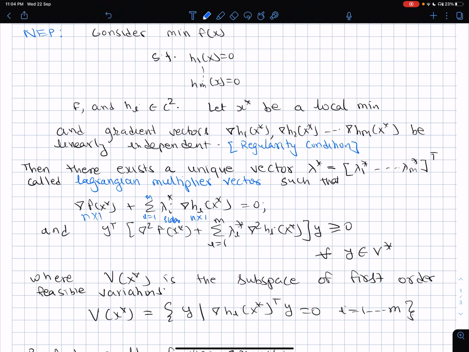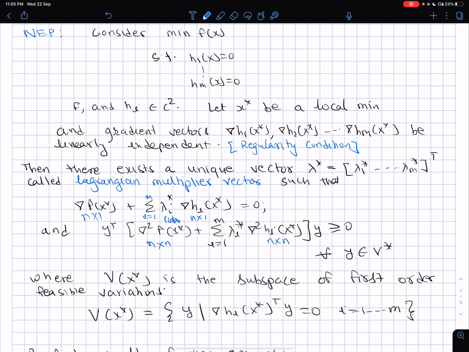Now for second order, we say that if in addition it is twice continuously differentiable, then the Hessian matrix of the objective function is to be summed up with the Hessian matrices of the constraint functions, each of them weighted by the Lagrangian multiplier, and the whole of this is again an n cross n matrix.